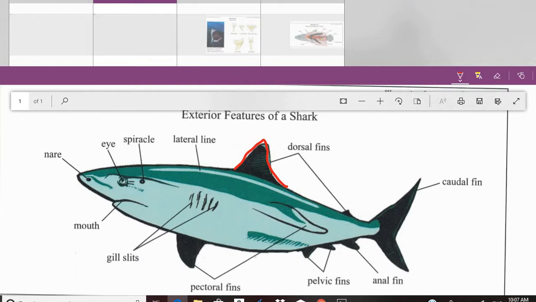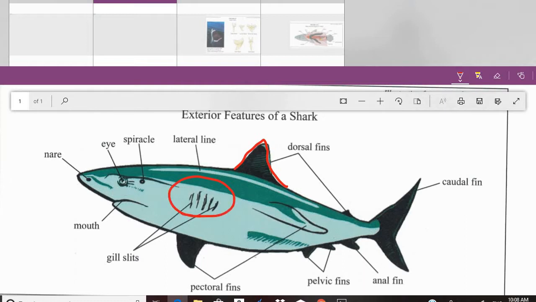The shark breathes through gills, and so basically as the shark is moving through the water, the water will pass over the gills, and the gills are underneath these gill slits.